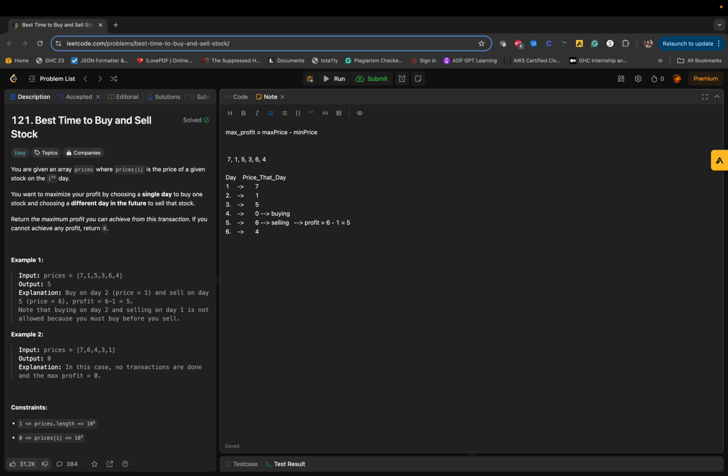So we also need a variable to keep track of the minimum price that we have seen so far. So we solve the problem. We have the minimum price to see if we are actually buying the stock at the minimum price that is possible, and also we are seeing if we are selling at the maximum profit possible by keeping track of the profit we have obtained so far.